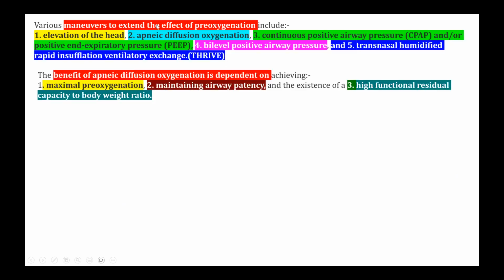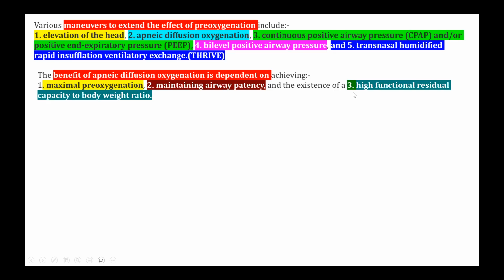So the various maneuvers for pre-oxygenation, all the things he has mentioned: apneic diffusion oxygenation, continuous positive airway pressure, BiPAP. What are the benefits of apneic diffusion or maximal pre-oxygenation? You can achieve them only by maintaining a patent airway. That's very, very important.